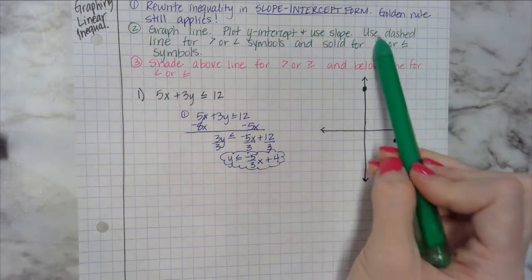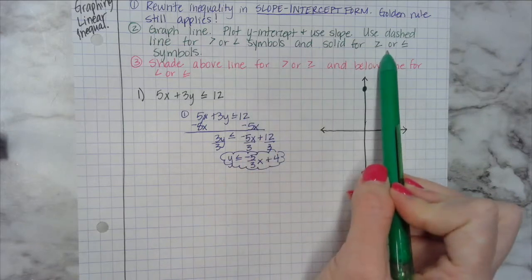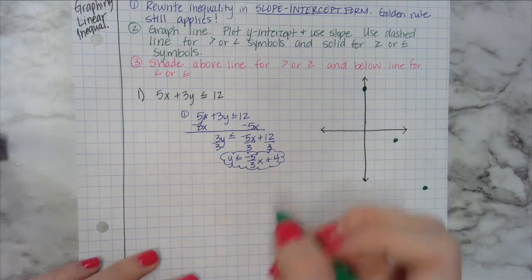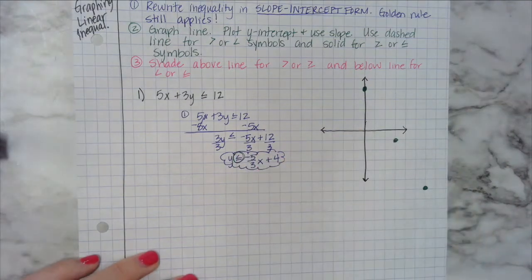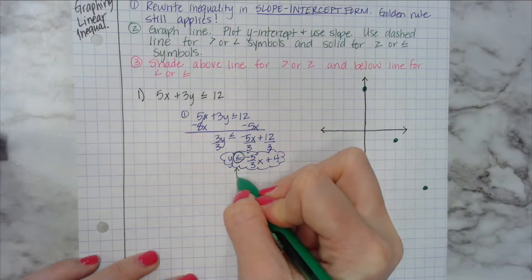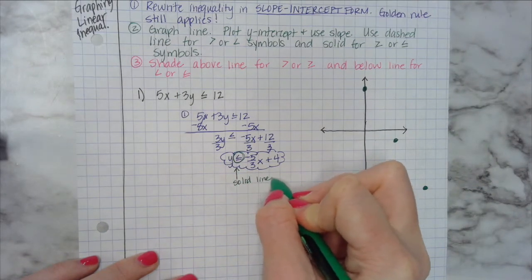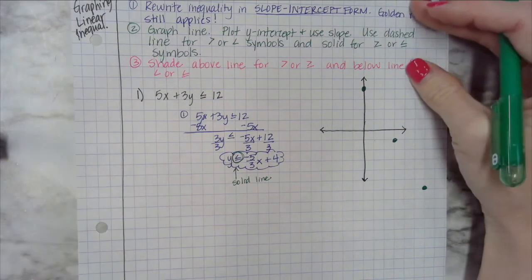Now it says, use dashed line for greater than or less than symbols, and a solid line for greater than or equal to or less than or equal to symbols. Well, if I take a look here, this symbol has an equal to, and so I know this is going to be a solid line. And then our last step is going to be to shade. So let's draw that solid line.